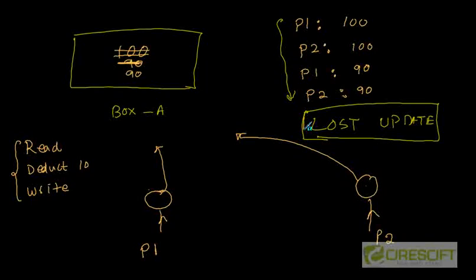This is a very typical problem whenever we share something. This box is a resource, shared across two persons, P1 and P2. If you share this kind of thing, you might have this problem of lost update.